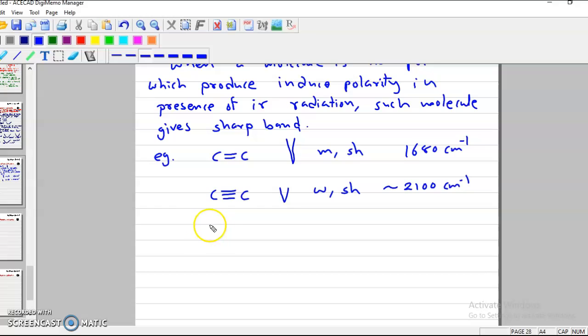In case of CH group, which is not quite polar, you will observe bending in CH2 at 1465 centimeter inverse. So normally such groups produce sharp bands. Or if any functional group which is polar but will not give interactions and give hydrogen bonding, they also give sharp bands. Okay, so this is about sharp bands and broadband or factors affecting shape of bands.